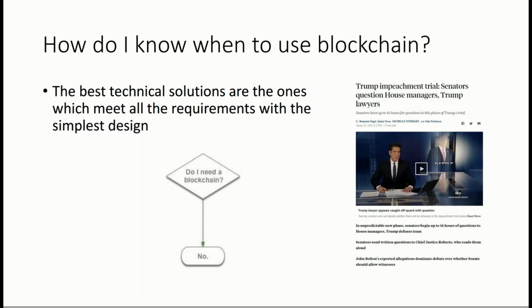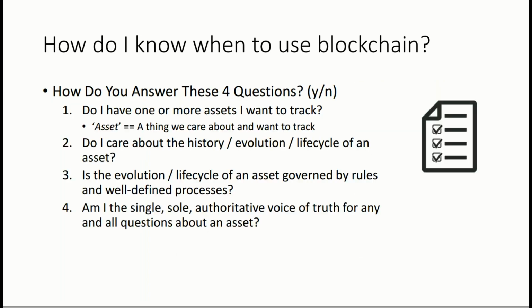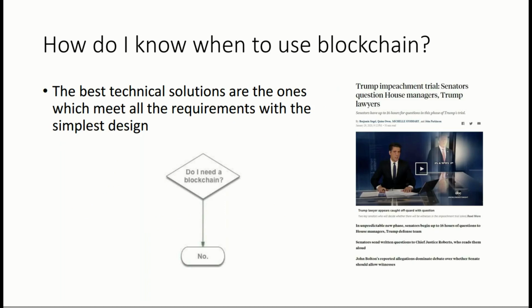I show this flow chart because when you find a really good blockchain use case, it tends to be so obvious that blockchain is a technology that can solve a problem no other technology has been able to, that very often you don't even bother asking this question. The answer is already pretty obvious.